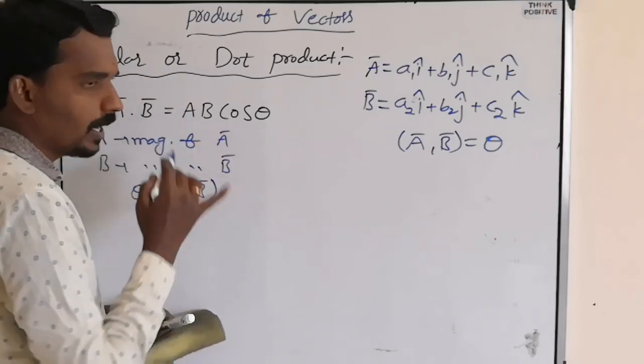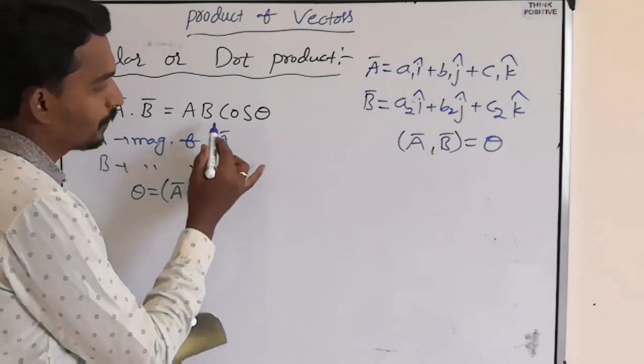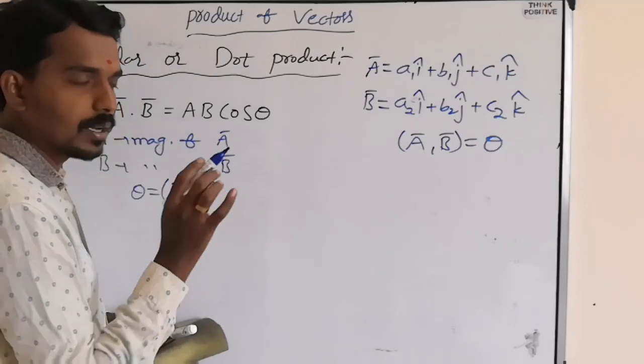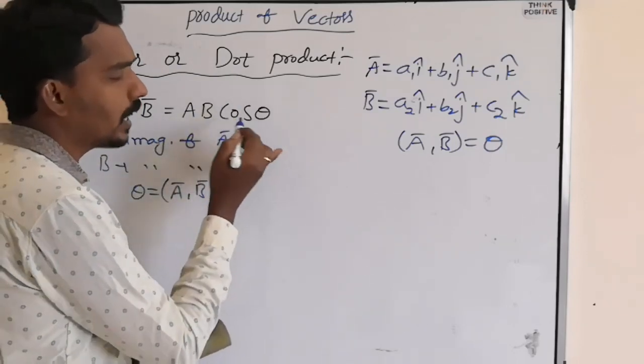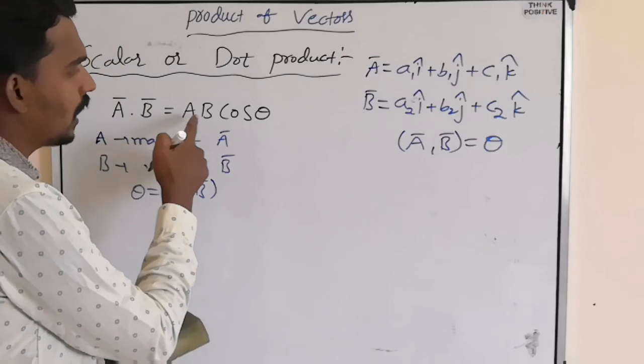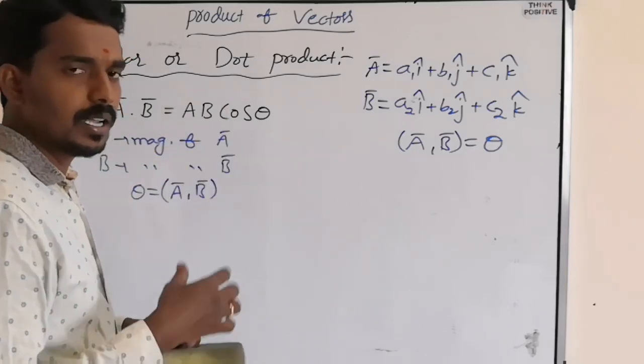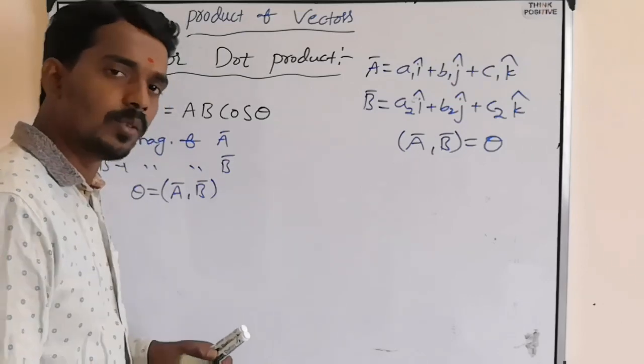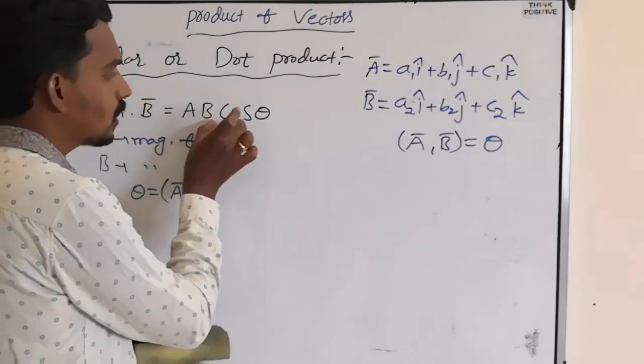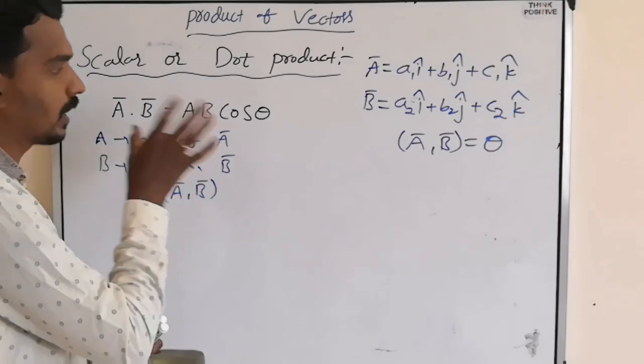Magnitude of a is a number, a scalar; magnitude of b is a scalar; cos theta is a scalar. If you multiply 2 or 3 numbers, what is the result? A number only, nothing but a scalar.